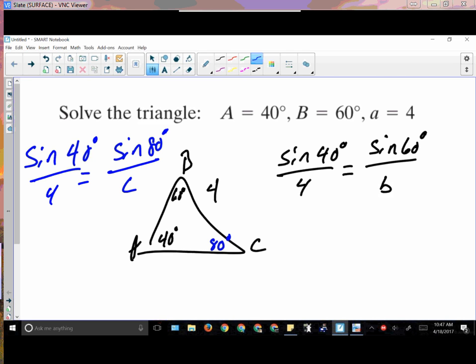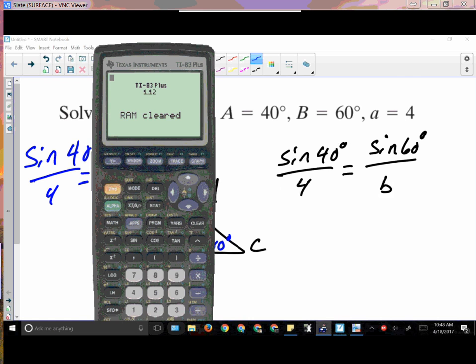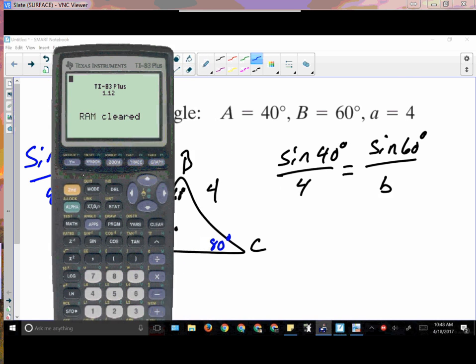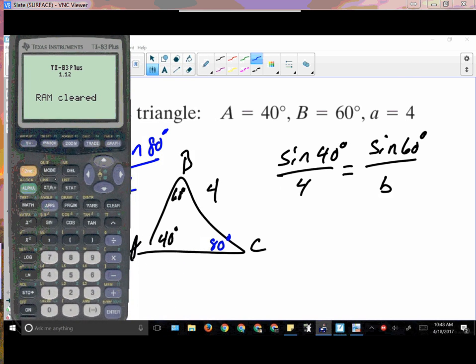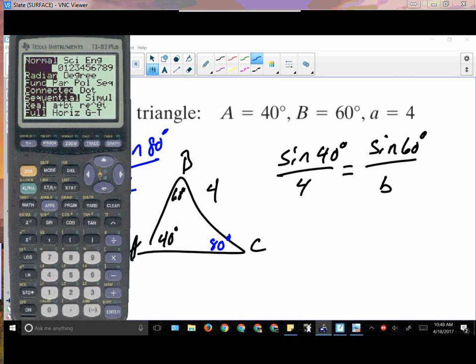More often than not, when you go through and do this ratio and solve for B and solve for C, you are going to get something that is just a wee bit uglier than a nice, easy number. So, grab a calculator. Make sure that we are in degrees.